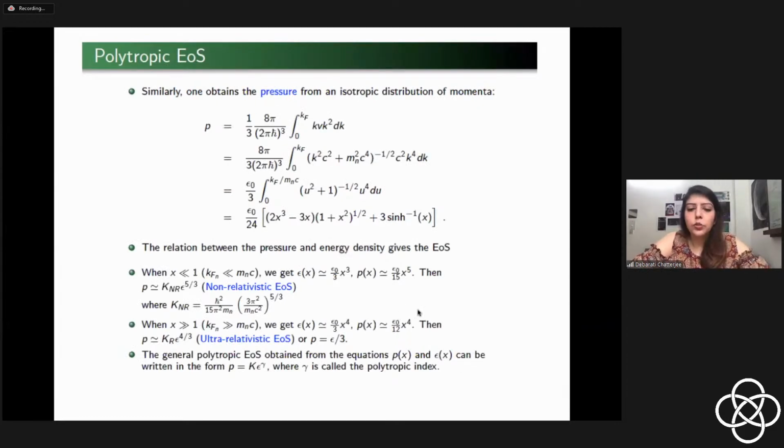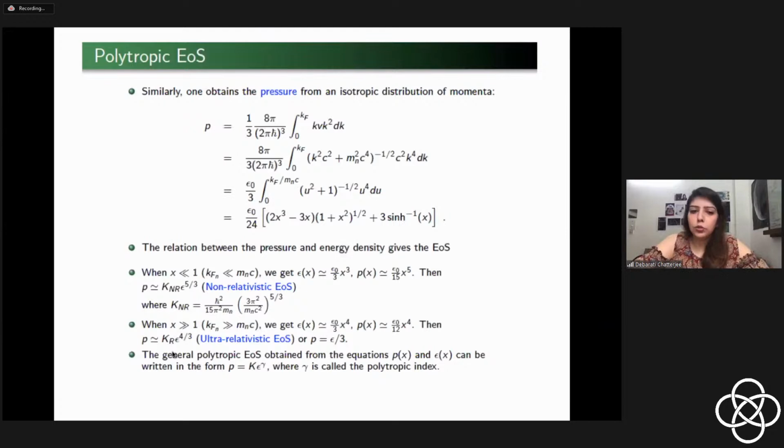You can do a simple calculation to see that if x is much less than 1, then P becomes proportional to the energy density to the power 5/3, with K a constant. If on the other hand you take another limit, where k_F is much greater than mc, then P is proportional to energy density to the power 4/3.